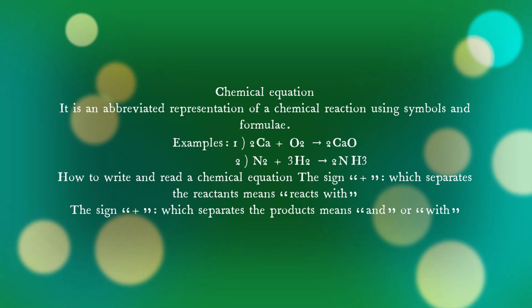As I said, to respect the law of conservation of matter, of atoms and mass, we have to add in front of the molecules and atoms whole numbers called stoichiometric coefficients to get an equal number of atoms in both reactants and products. That is a balanced chemical equation.